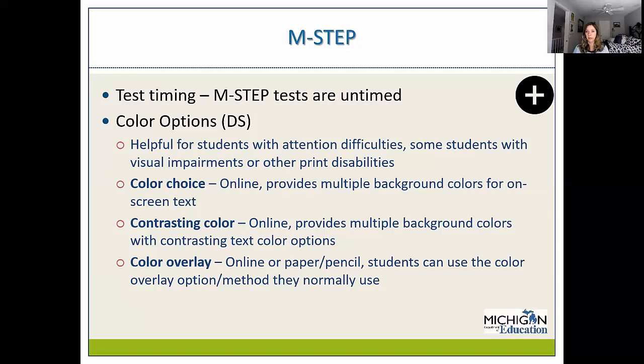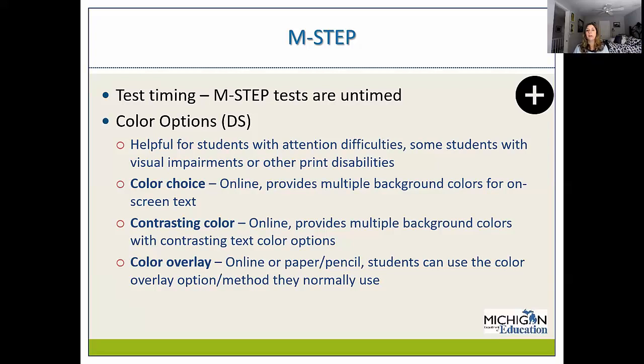There's a color choice option, that's what it's called in the system. This provides multiple background colors for on-screen text. There's also a contrasting color option. This provides multiple background colors with contrasting text color options.